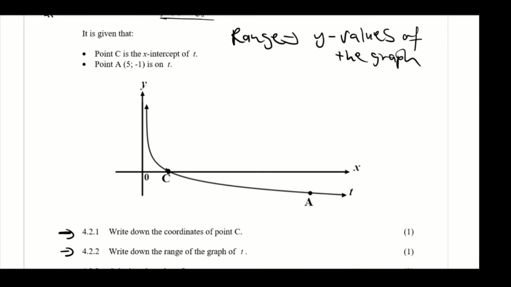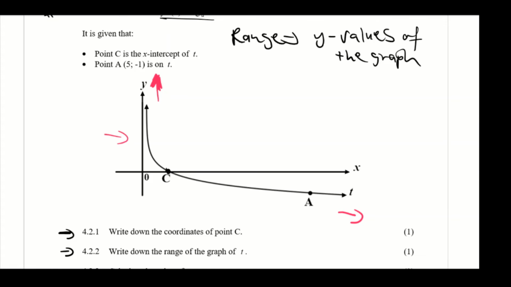We interpret how the y values are moving. So if you look at this graph that is given, the y values come from a certain point up there. We don't know from which point. And they go to, so it's how you interpret it.